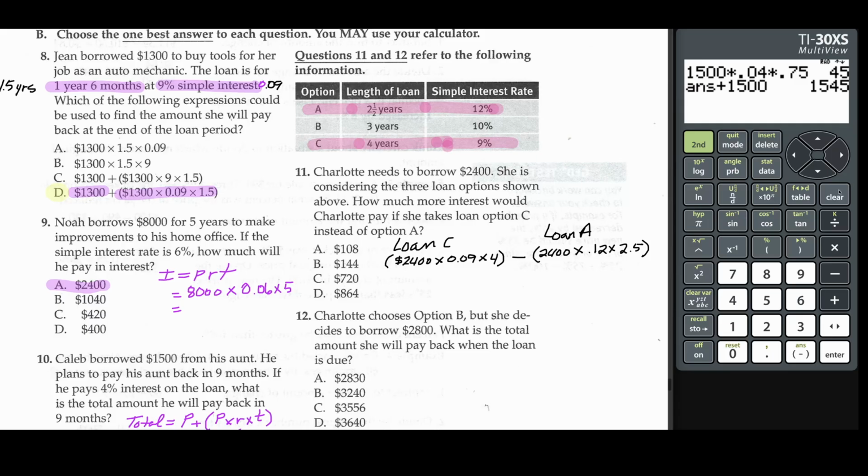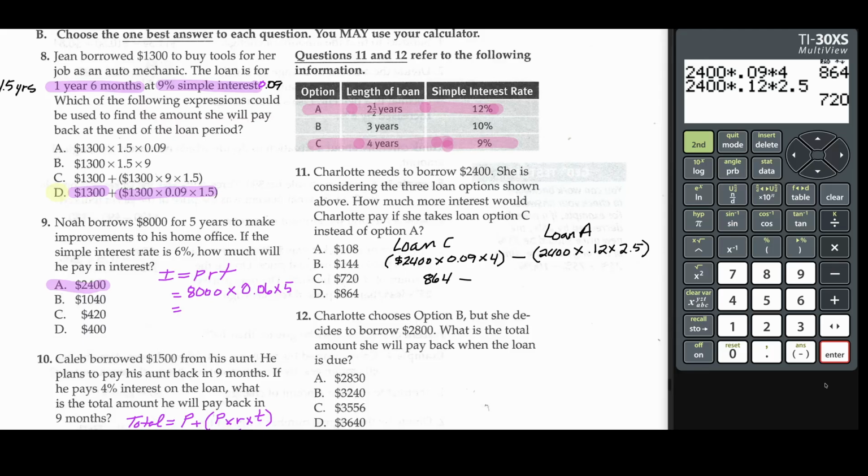So let's look at loan C first. 2,400, multiply that by 0.09, multiply that by 4. So that's $864 for loan C. Then subtract. Now let's do loan A. Loan A, we have 2,400, multiply that by 0.12, multiply that by 2.5, and then press enter.